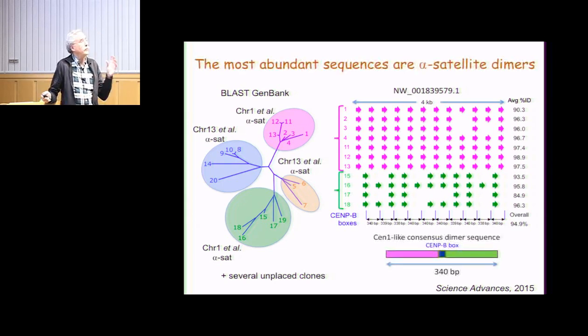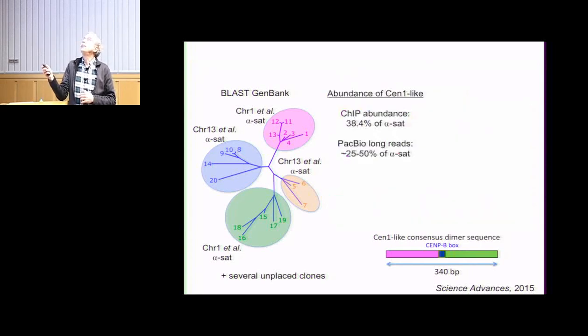Now these are the most abundant sequences, but it turns out it's also abundant in another way. So we compared the ChIP abundance within our libraries for everything that has been annotated as alpha satellite. We find that CEN1-like really is the most abundant there, accounting for 38.4% of the total. We also analyzed PacBio reads and were able to deduce that that's a pretty good estimate of the total in the alpha satellite.